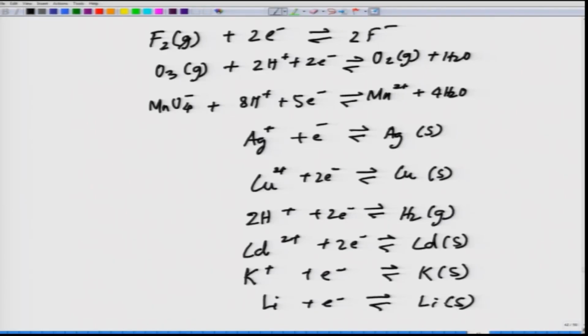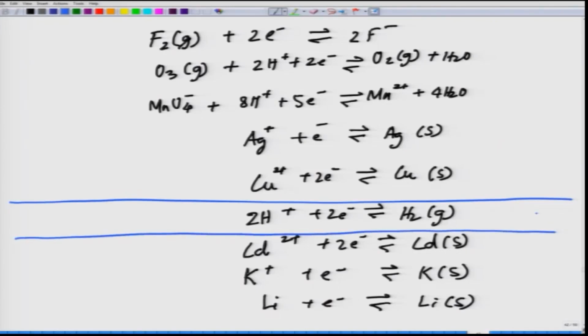Now you remember one of the values, right? This value all of you remember. Now what I am giving you in this column is E0 in volt, E0 standard reduction potential.